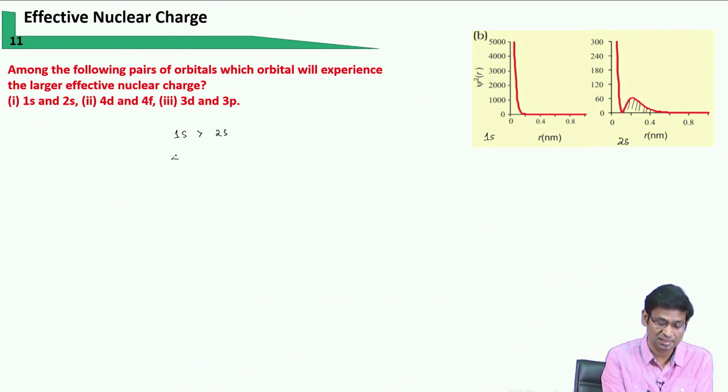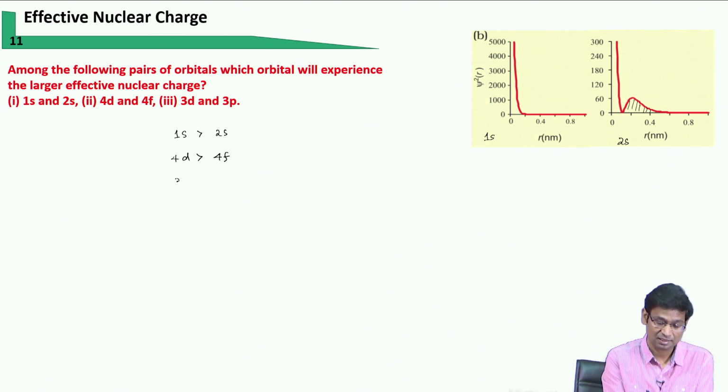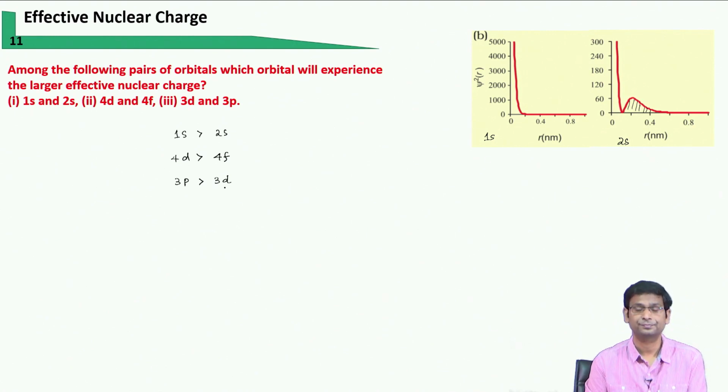Therefore, the effective nuclear charge of 4d will be greater than that of 4f. And if I compare 3d and 3p, the argument is again the same. The 3d orbital has l equals 2, which is more diffused compared to the 3p orbitals whose l equals 1. And remember, we are doing this only when the n values, or the principal quantum number, are the same. So comparing 3p and 3d, 3p will experience more effective nuclear charge than 3d.